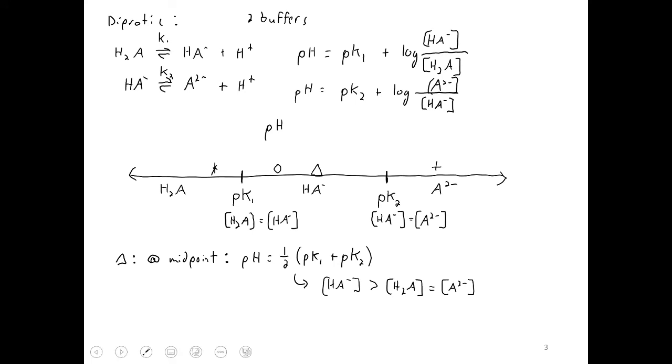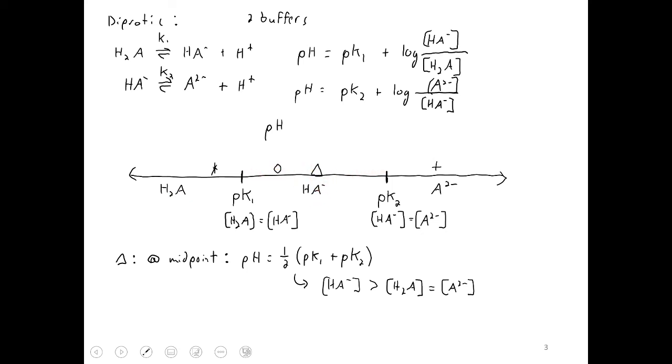And so it should stand to reason that if the pH were to drop lower than that midpoint, then this equality would be broken and the acidic form would start to dominate over the base form as we get closer to its dominant region. And of course, vice versa. If we went higher in pH, this would start to overtake the H2A. But anywhere in this region, HA- is still dominant.